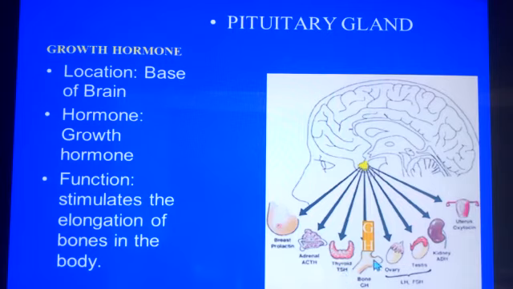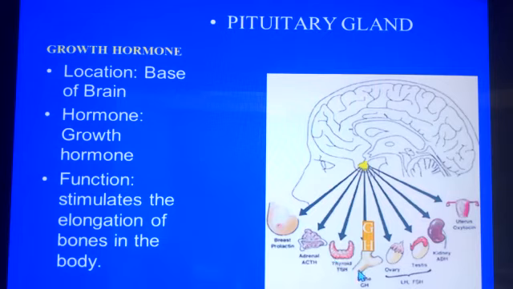Then, the role of the growth hormone is actually on the bone section, the bone marrows. It is the hormone that, when produced in sufficient quantity, stimulates the normal elongation of bones in the body.